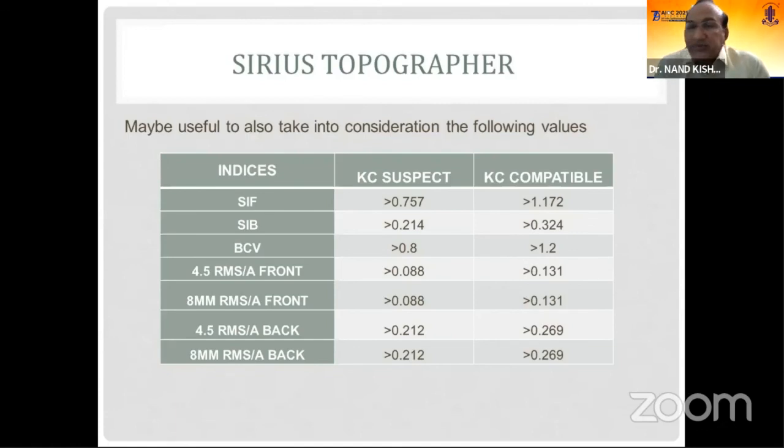Why do you need to identify these things? Because keratoconus treatment does not just involve trying to strengthen the cornea. It also involves trying to make the cornea more regular.